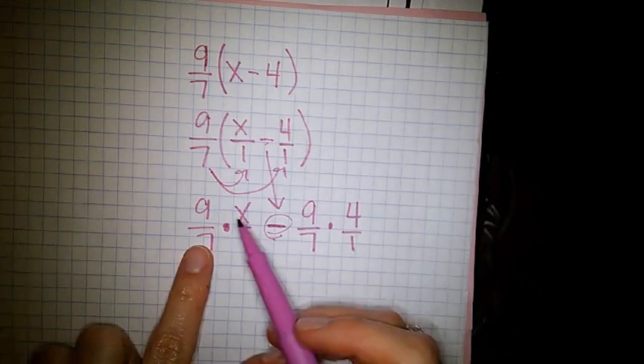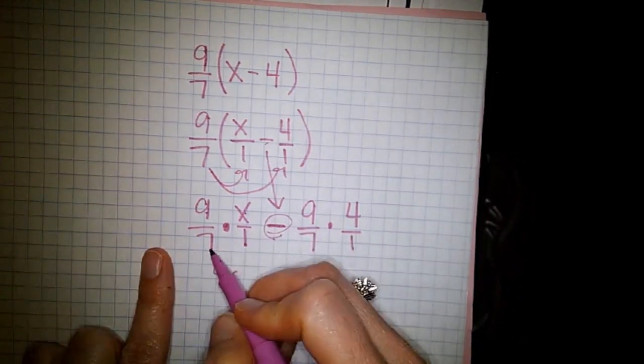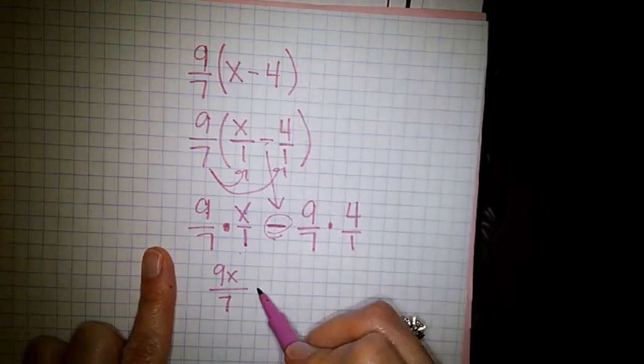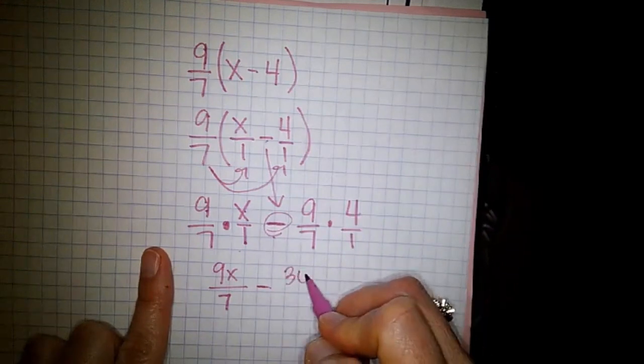9 times x, 9x. 7 times 1. Minus. What's 9 times 4? 36. What's 7 times 1?